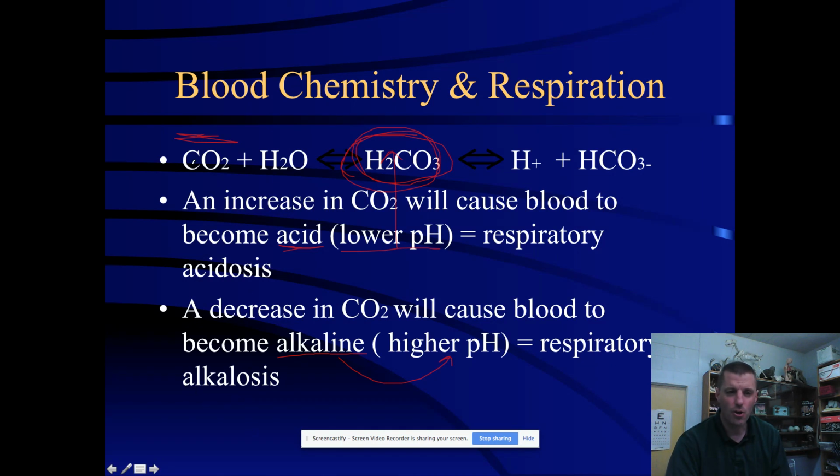So a high level of carbon dioxide makes the blood acidic, respiratory acidosis. Low amounts of carbon dioxide cause it to become alkaline or basic. If you don't have carbon dioxide, you're not making carbonic acid, and so it would become basic.